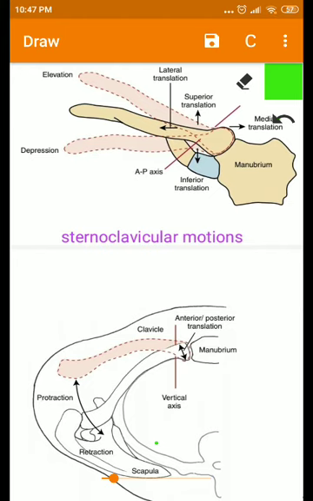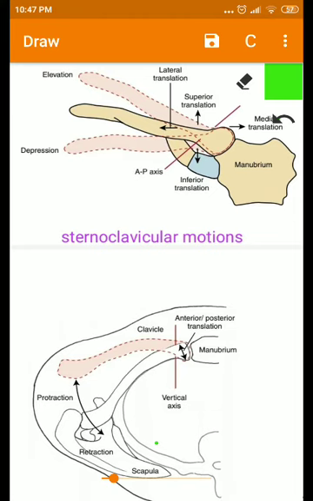Whereas three degrees of translatory motion at the sternoclavicular joint can occur, but they are of very small magnitude.